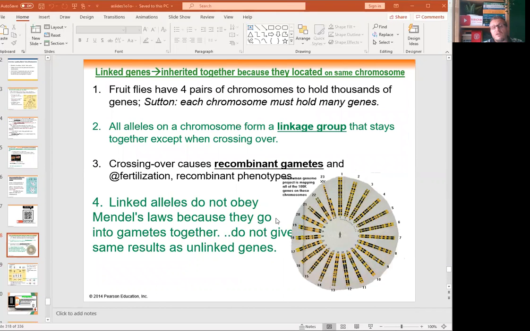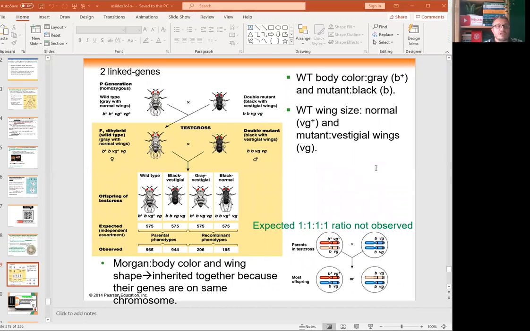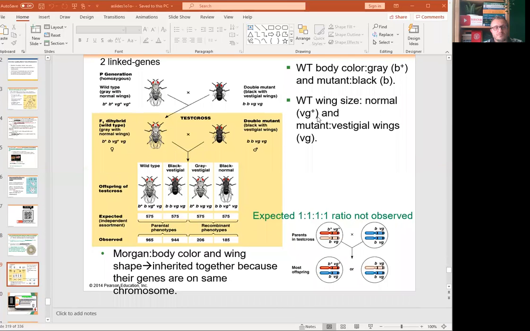Today we can map the genes on the chromosomes of different organisms, and like you see in this picture, human chromosome maps. When he did his two-gene problem crossing with a homozygous recessive little b, little vg phenotype, he was expecting a 1:1:1:1 ratio, but he did not see this ratio because these two genes he studied were on the same chromosome.